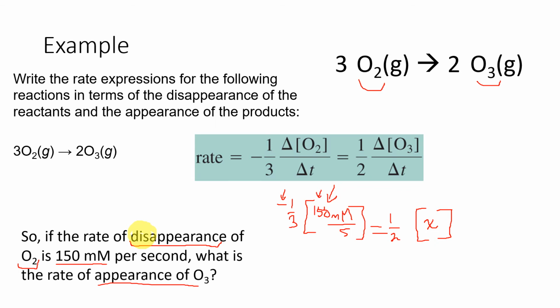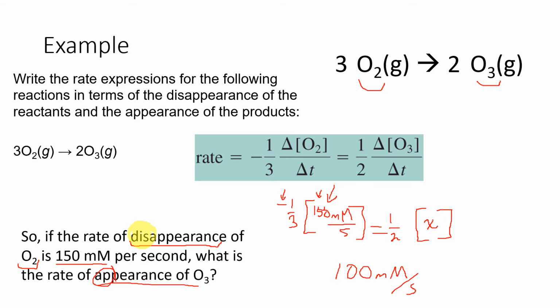And so you would get 2/3 of 150, so you would get a 100 millimolar appearance of O3. 100 millimolar per second, because no units will cancel out here, so we'll have millimolar per second still. So our rate of appearance is 100 millimolar per second for ozone.